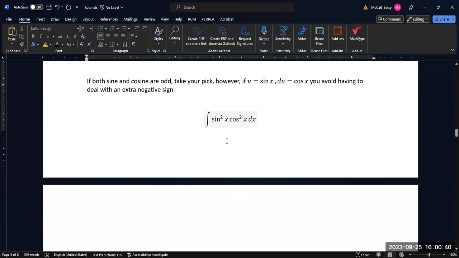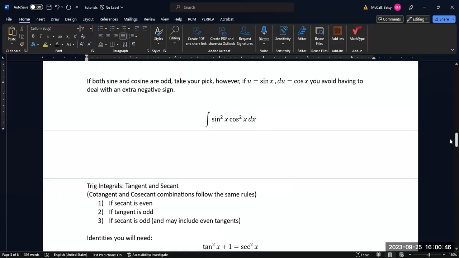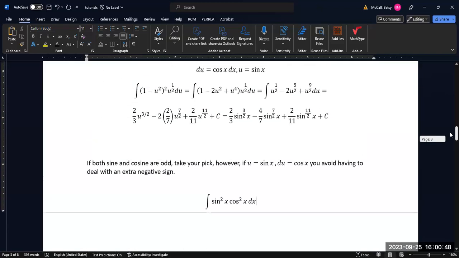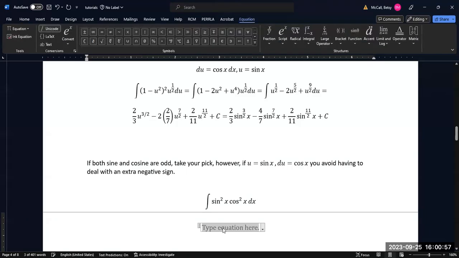In this situation, we're going to have to apply the power reducing identities. So let's apply those right away.